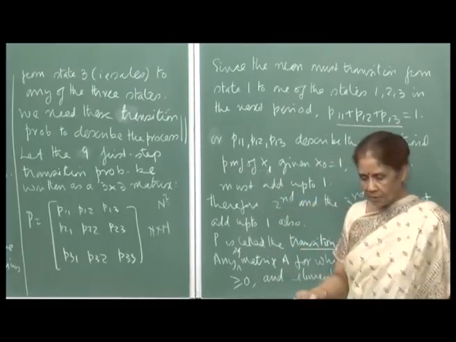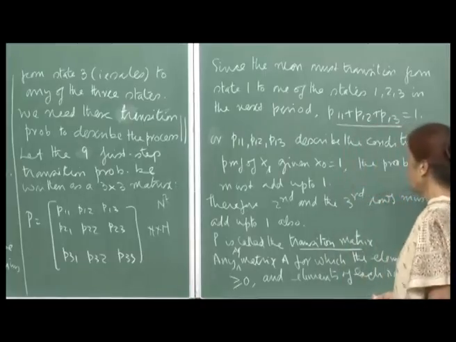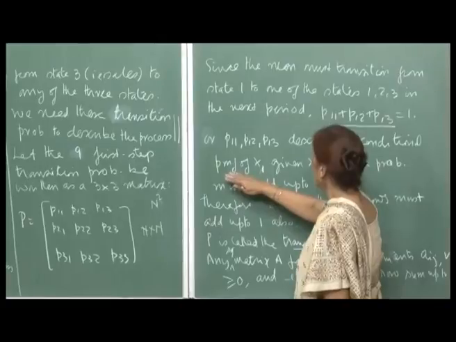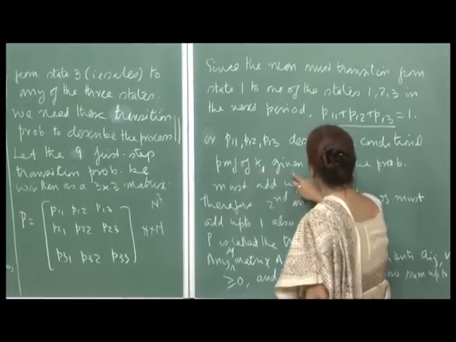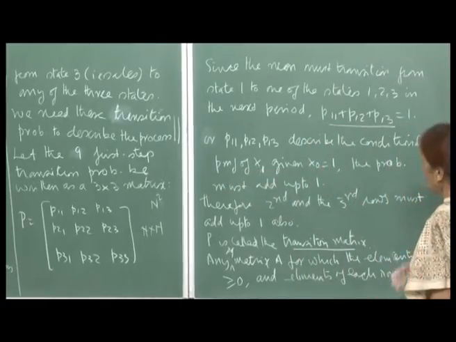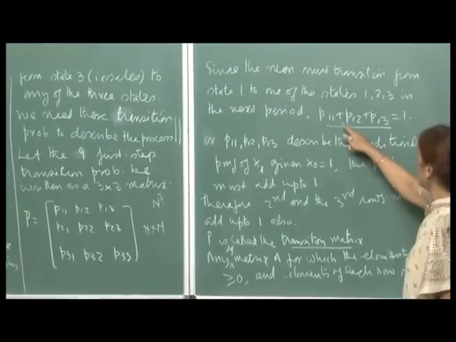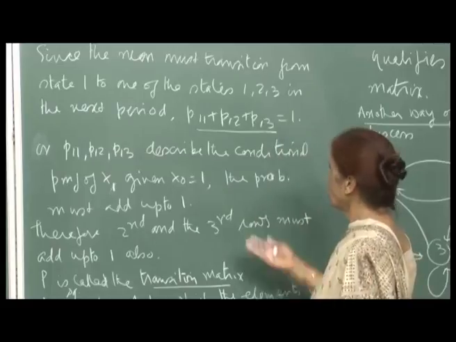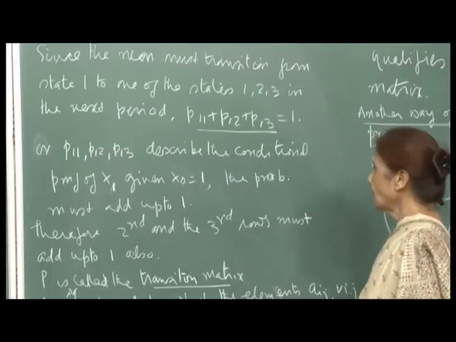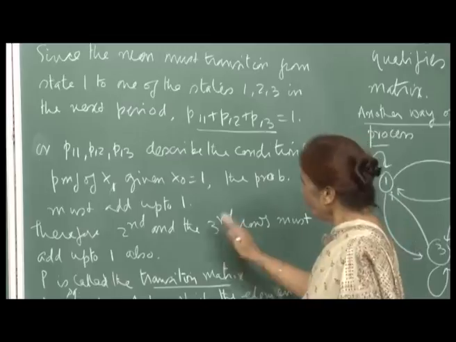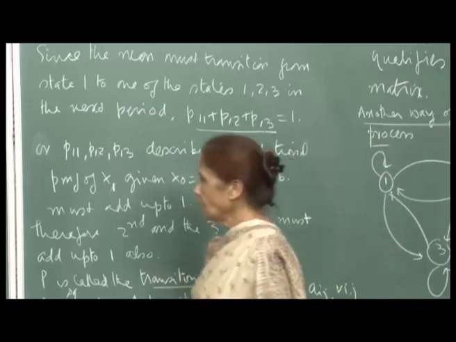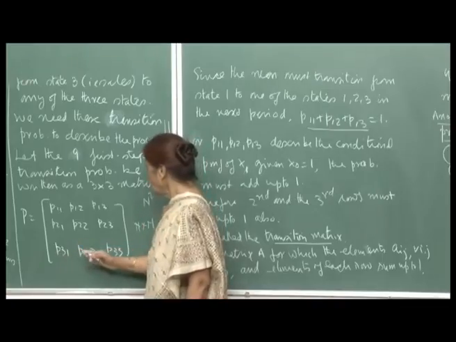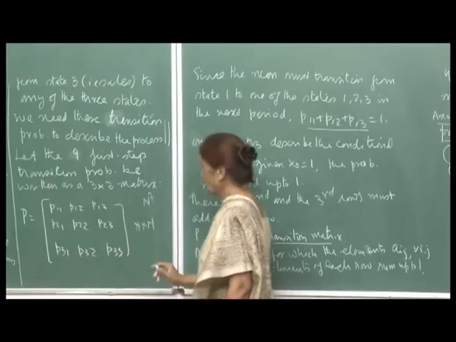Remember, we talked about it while discussing conditional probabilities and conditional expectation. So this is the conditional PMF of x1 given that x0 is 1, and since these 3 numbers describe the conditional PMF, they must add up to 1. In the same way, the second and third rows must also add up to 1. That means P21 plus P22 plus P23 is equal to 1, and P31 plus P32 plus P33 is 1.